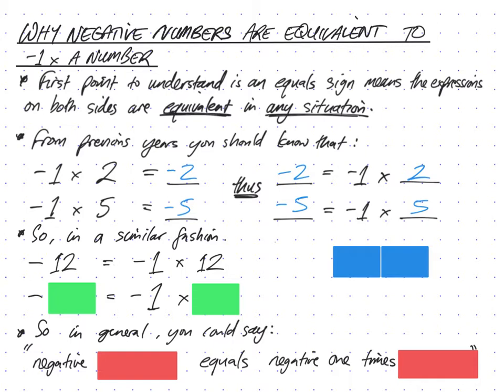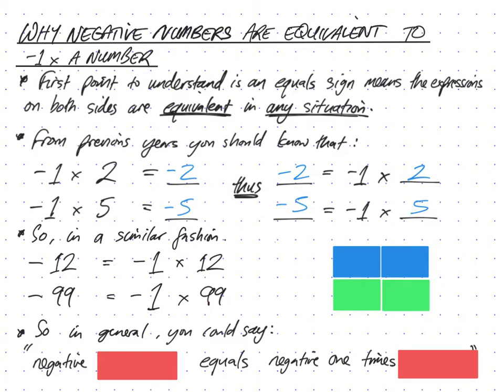I'm going to do the same for the bottom. Negative the box is equivalent to -1 times the box. And in this case, that box was 99. And that is a true statement again. -99, the negative version of 99, was achieved by multiplying straight 99 by -1.